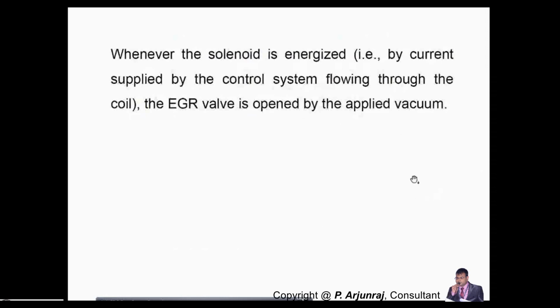You have different actuators: it can be applied hydraulically, it can be applied electrically, or it can be applied by vacuum. So here it is applied with the help of vacuum. And the output you are going to get is in the form of a quantity. It can be electrical, hydraulic, pneumatic, or any fluid kind of thing. It is not necessary to be electrical alone in the case of an actuator.